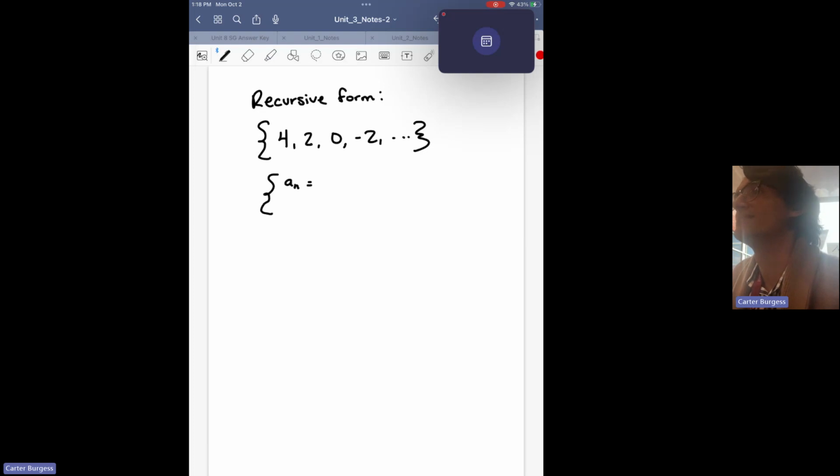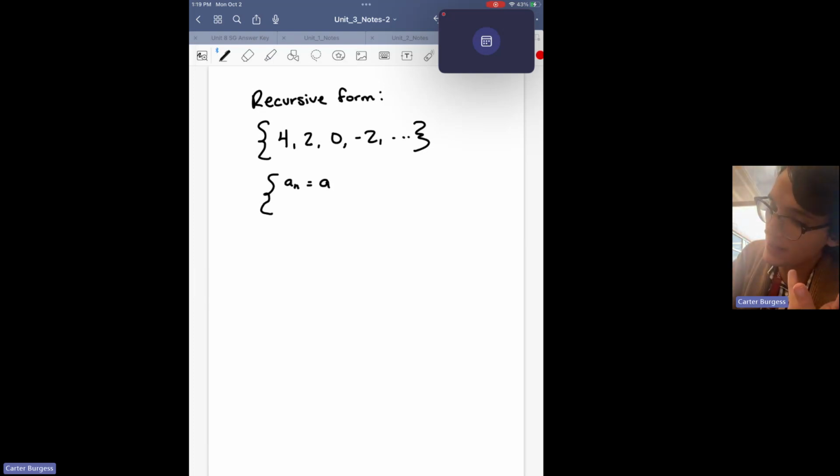Hold that thought, we're going to get there. Not there yet. That's jumping ahead a little bit. I just mean at the very bare bones of what we just did, how do I get to any random term in my sequence? A sub n minus 1, and what am I doing to a sub n minus 1? In this case, we are subtracting 2.